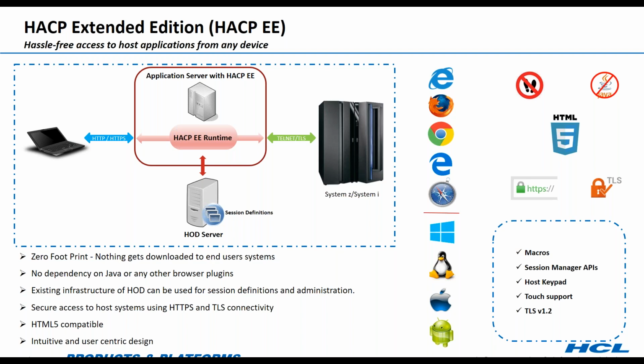All it takes is a one or two character change in the URL, and you'll get the same pages, and the user information, logins, and configurations are reused across both Host On-Demand and HACP-EE at the same time. And it is also end-to-end secure. The client to application server is secured with HTTPS, and from the application server to the end host is secured with TLS.